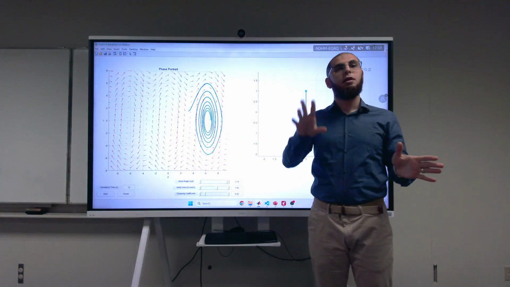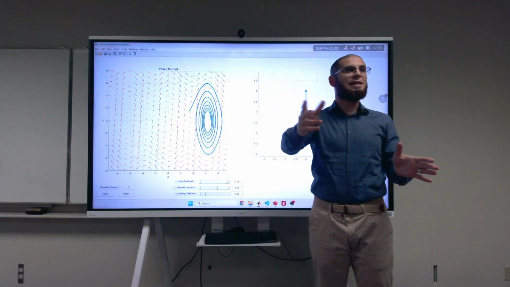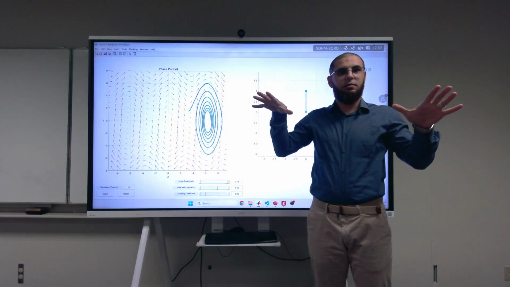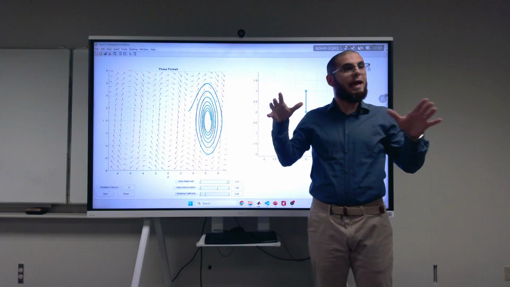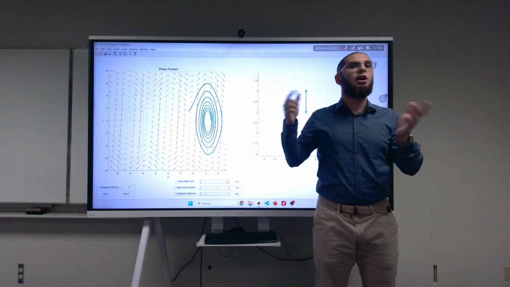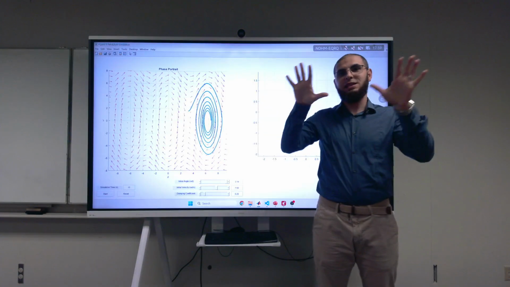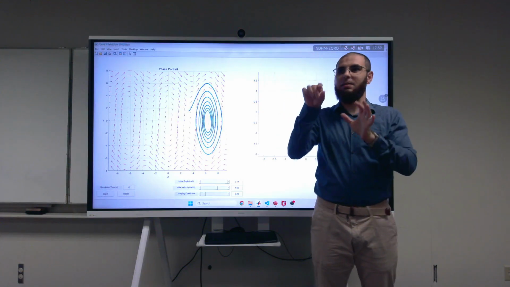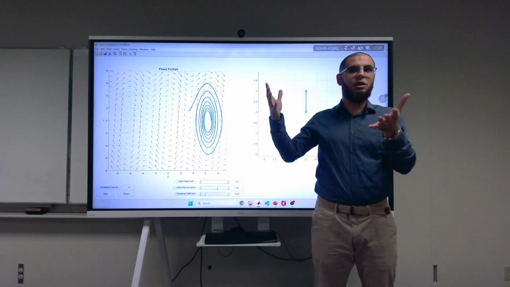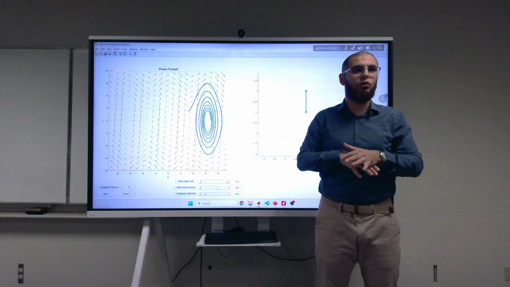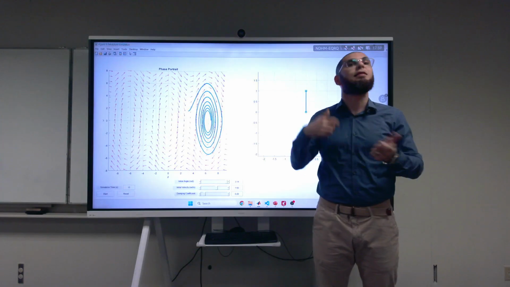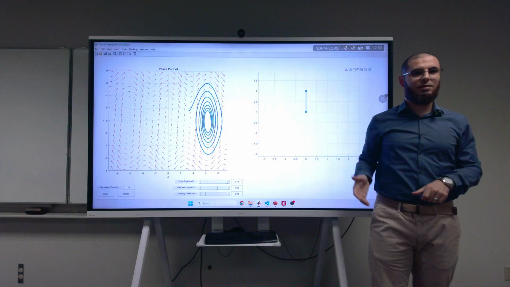But the formal way of saying it is: if all other equilibrium points are unstable, and I start away from them, not exactly at them but near them, then you have the intuition that I'm going to eventually go to this locally stable equilibrium point. And thus we call it almost global asymptotic.